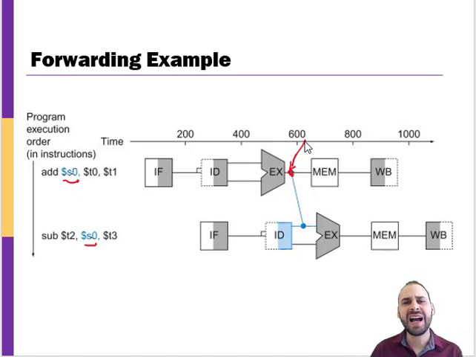By the time we get to the end of stage 3, the ALU has calculated the sum. The ALU has done the operation of register T0 plus T1 in this case. It knows the sum. It hasn't written it back to the register yet. That doesn't happen until stage 5, but it is calculated. The value's there.